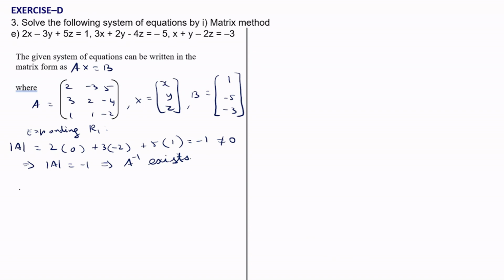Now let us find adjoint of A. Adjoint of A is the transpose of the cofactor matrix. So the first element is minus 4 plus 4, 0, and next we have minus of minus 6 plus 4, minus 2, and then we have 3 minus 2, 1.